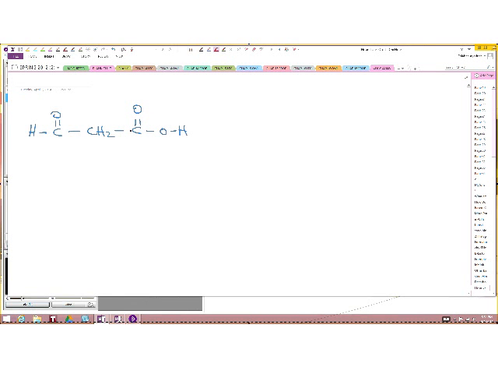In relation to the carboxyl group, this is the alpha carbon here, and this is the beta carbon. Okay, this is an aldehyde. So if we apply heat, what do you think we will get?